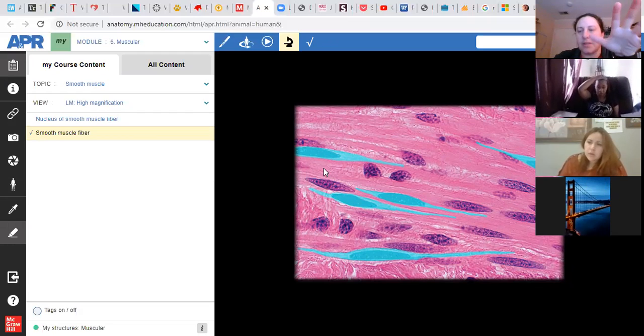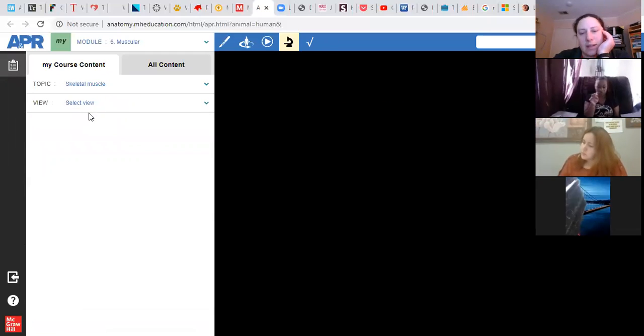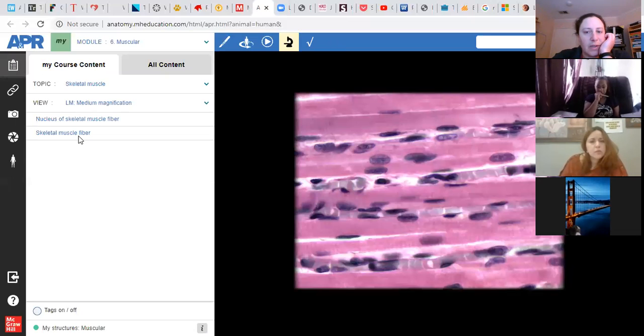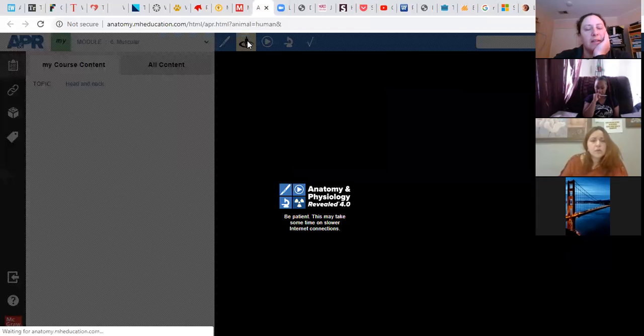That's all we're focusing on for what we looked at. So you're like, cool, that's smooth muscle. And then skeletal muscle, right? Really long and striated. So we do have that in this exact same resource as we have in the dissection.